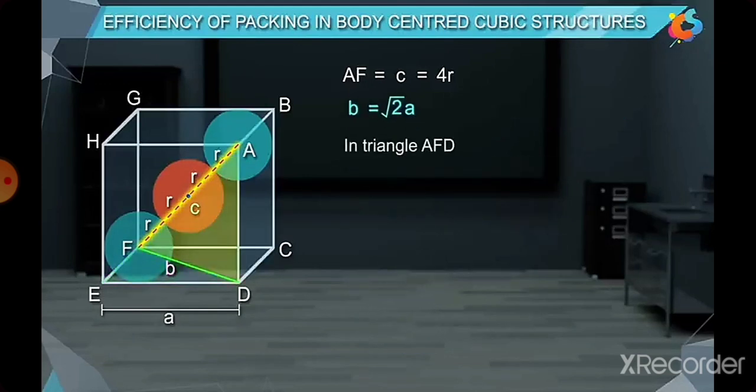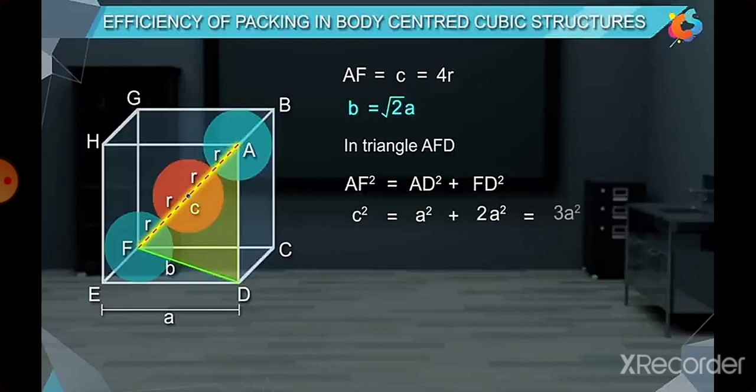Now, in triangle AFD, AF square is equal to AD square plus FD square. c square is equal to a square plus b square. c square is equal to a square plus 2a square, which is equal to 3a square. c is equal to square root of 3 a.